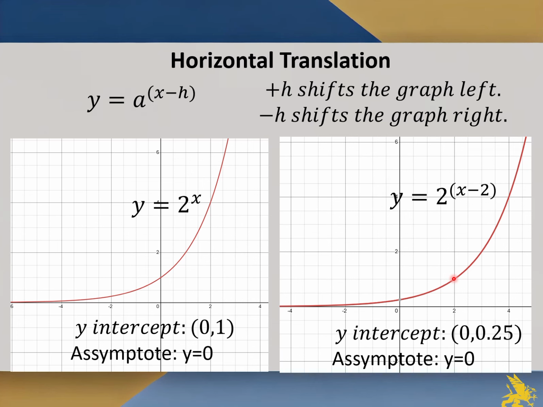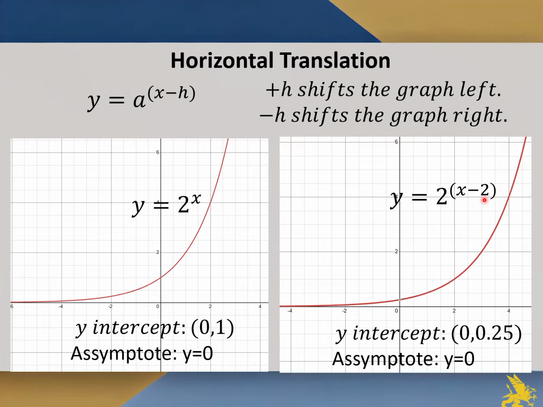Of course, there's the asymptote that is still staying at y equals 0. Now, if we are solving this, I'll be going into that after, but we can use our understanding that the y-intercept must have an x of 0. So all I would do is put 0, take away 2 is negative 2.